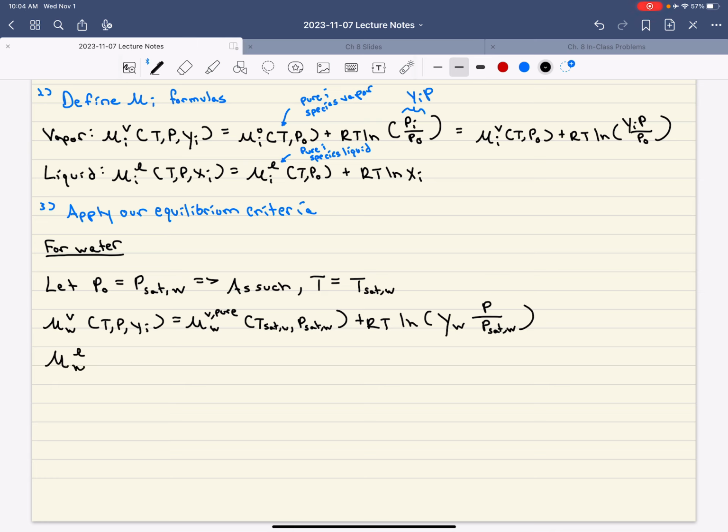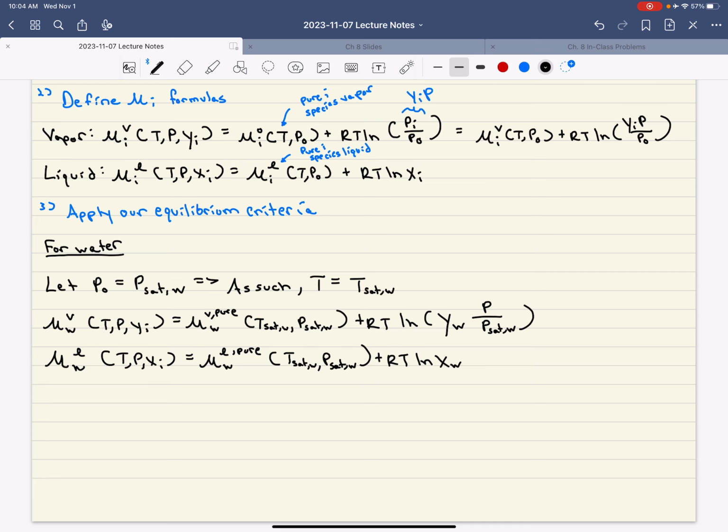For the liquid phase, we have our standard state chemical potential of pure water in the liquid phase at T sat and P sat, plus RT ln xW.